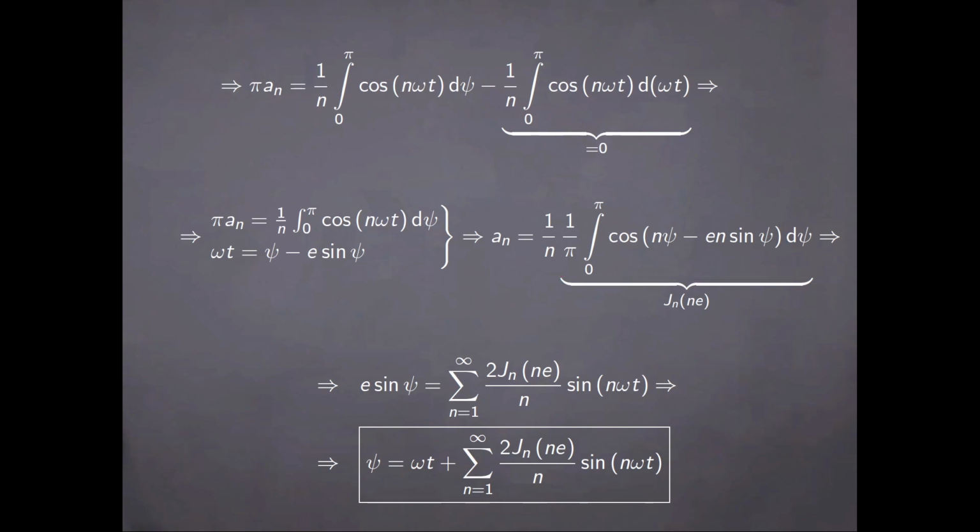So in effect, we have found the coefficients of our Fourier series, and we can write e multiplying the sine of the eccentric anomaly as the sum here, and in conclusion, taking this back to Kepler's equation, we finally obtain the solution here. So the eccentric anomaly is the mean anomaly plus this Fourier expansion in Bessel functions.